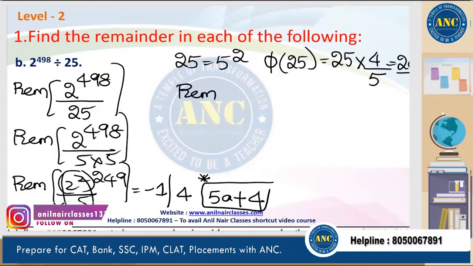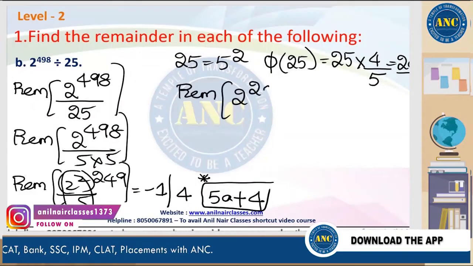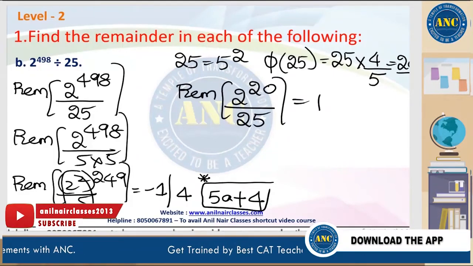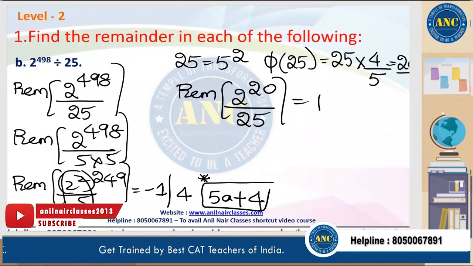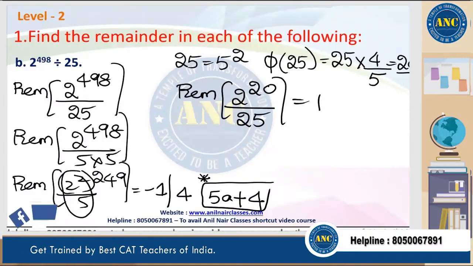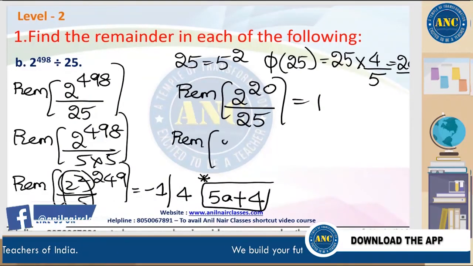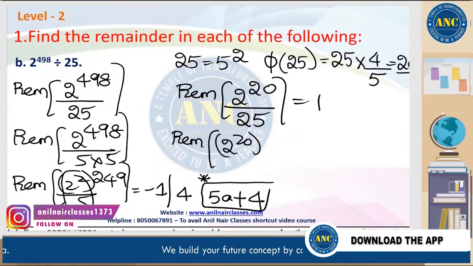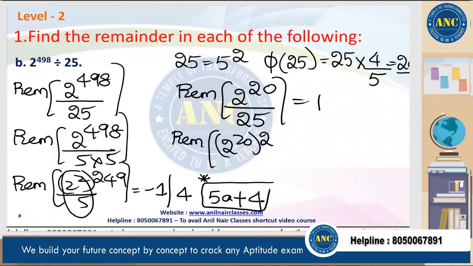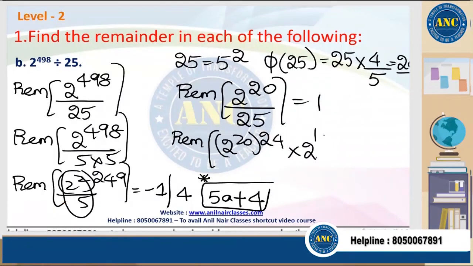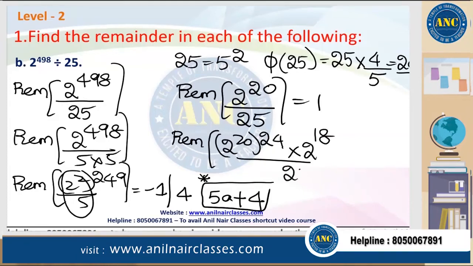According to the theorem, 2 power 20 divided by 25 gives remainder 1. But the question is 2 power 498, so we can write it as 2 power 20, 22s are 40, plus 98: 24 into 2 power 18 by 25.